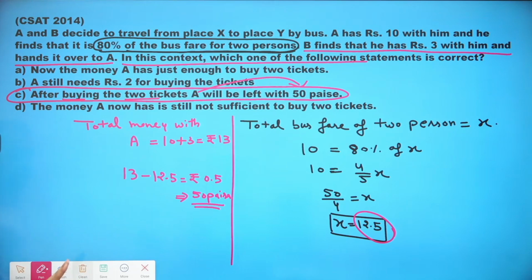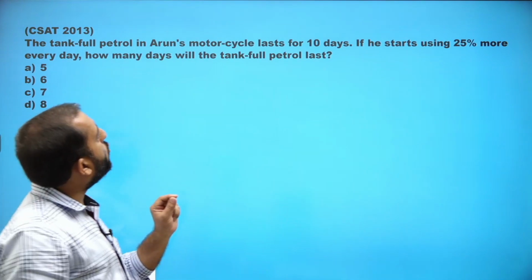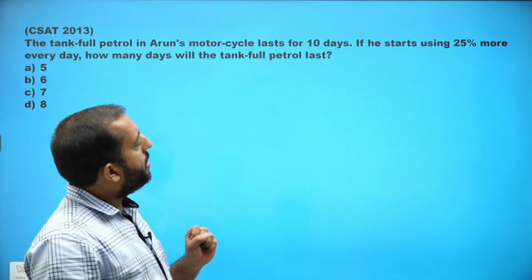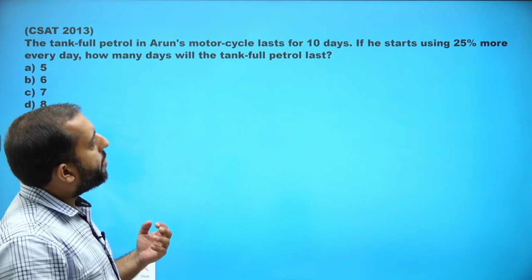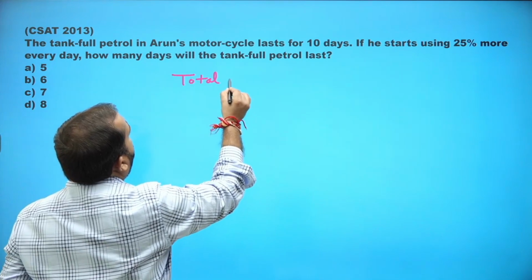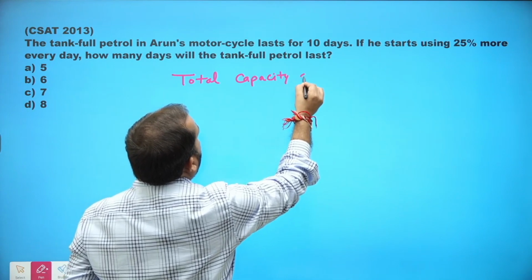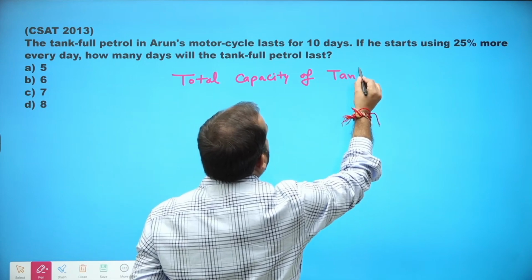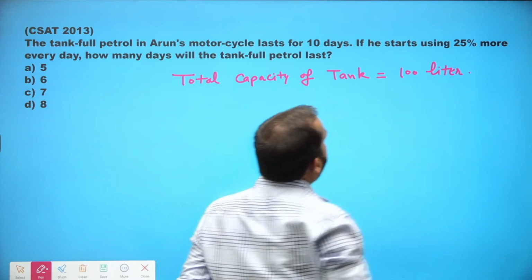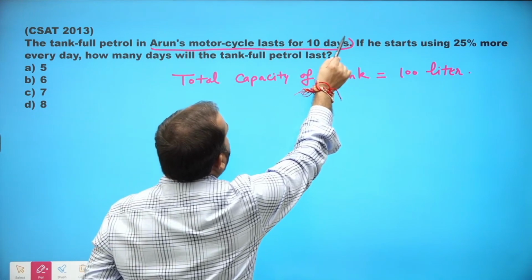Let's move on to the next question. It says a tank full of petrol in Arun's motorcycle lasts for 10 days. Suppose the total capacity of the tank is 100 liters, and this 100 liters lasts for how many days?